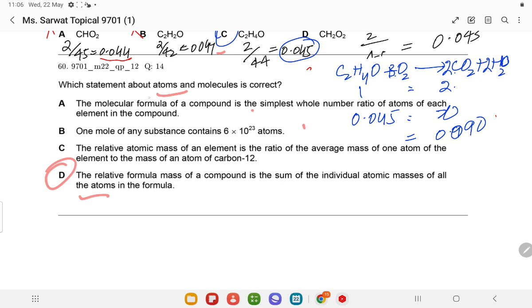The next question is which statement about atoms and molecules is correct. The molecular formula of a compound is the simplest whole number ratio of atoms of each element in the compound.